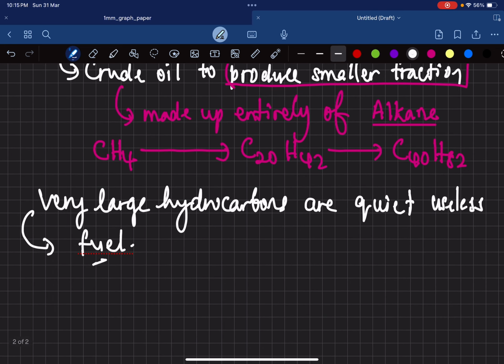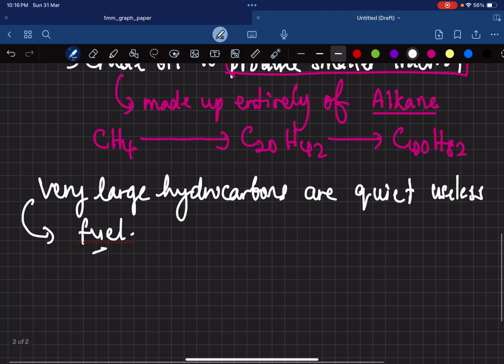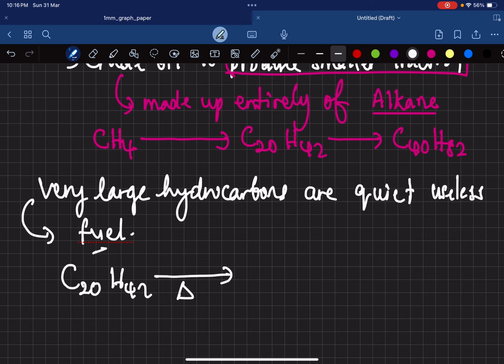During cracking, you take a large hydrocarbon, let's say C20H42. Normally we use very high temperature and very high pressure, and there is no oxygen at all. What you end up getting is smaller fractions.